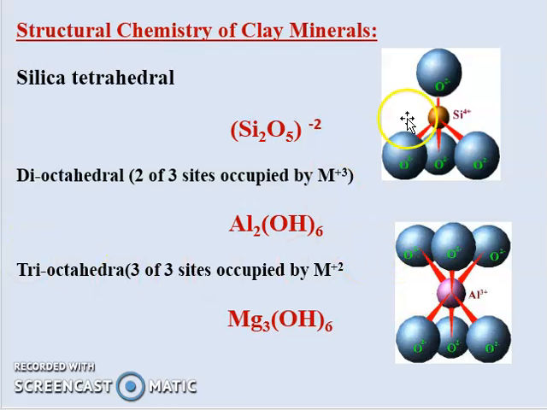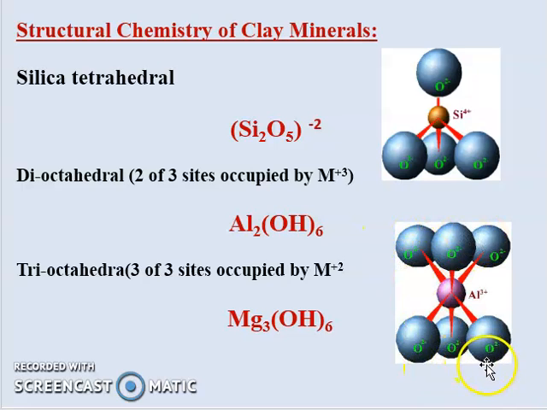In another way, the structure of clay mineral as a secondary mineral consists of a sheet of silica tetrahedral, and because it's a phyllosilicate, it has a chemical composition of Si2O5, and trioctahedra, and octahedra, which consists of 6 hydroxyl ions.